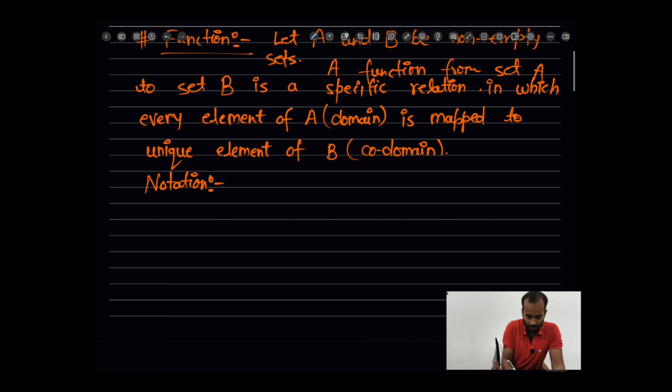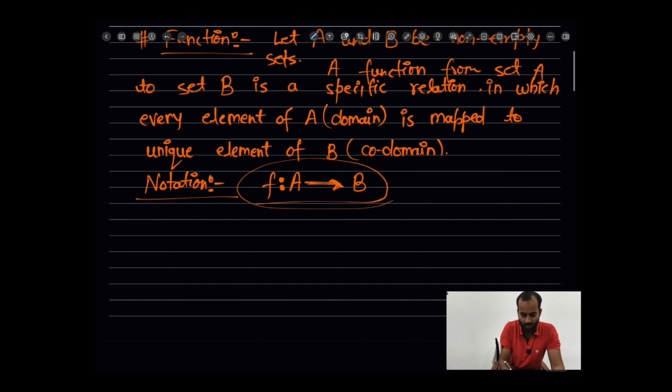So the notation is f, then a colon, then the first set which is the domain, and then an arrow to the second set B, which is the codomain. This is written like this: f colon A to B, and it is read as f is a function from the set A to the set B, from the domain to the codomain.